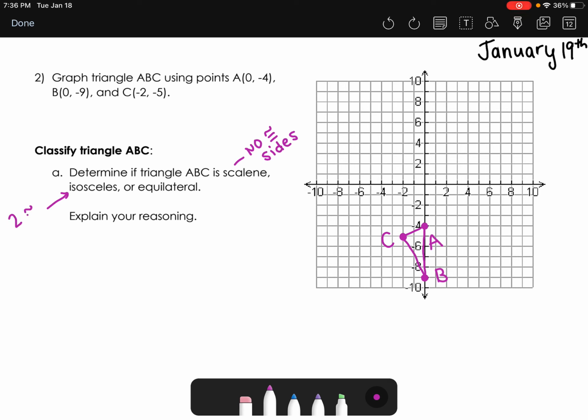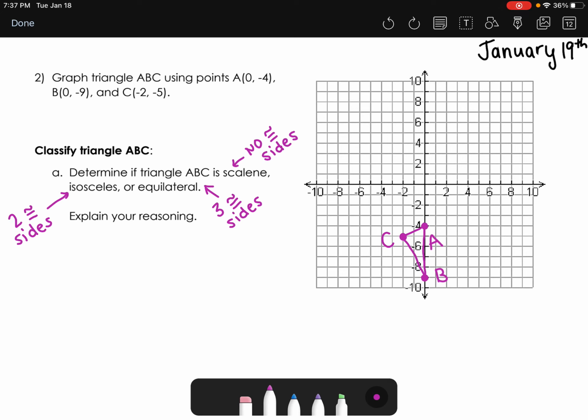You know it. 2 congruent sides. Hopefully you were thinking that. And then equilateral. That one, I've got an arrow for that. It has 3 congruent sides. Okay. So that's what we're trying to prove here. It doesn't look like we've got equilateral, but again, we can't go by looks. We got to do the math.